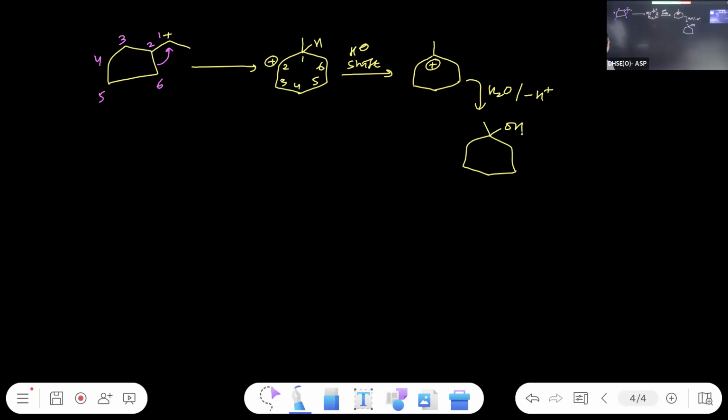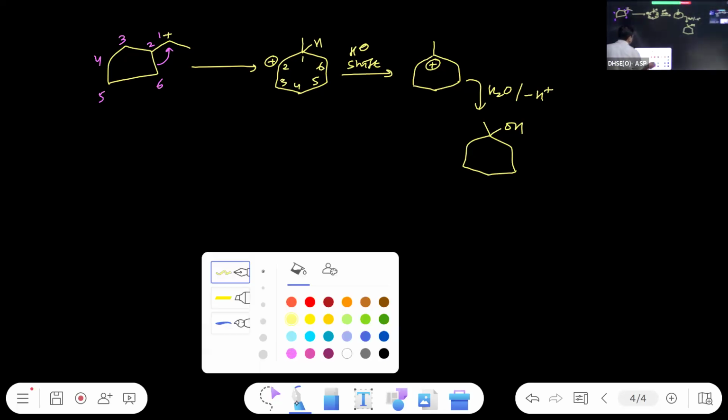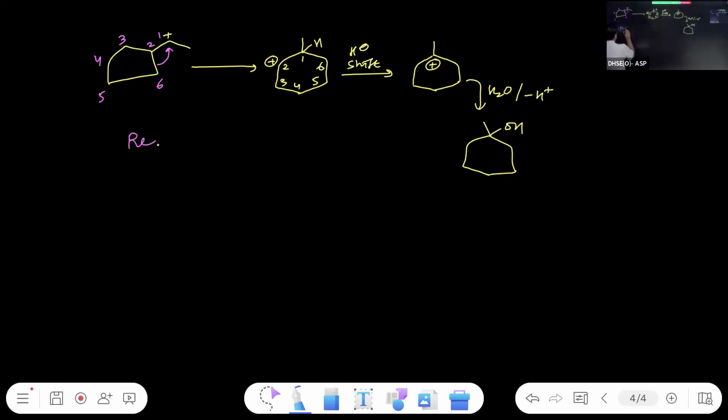Then our next reaction is the case of reduction of aldehyde and ketone.